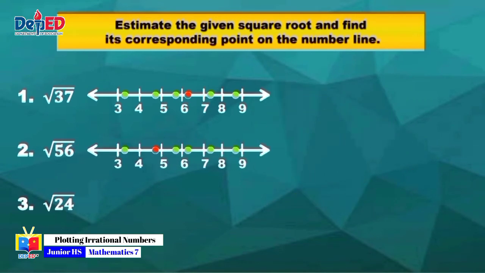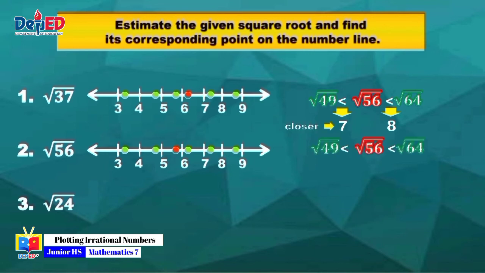Number 2. The square root of 56 lies between the square root of 49 and the square root of 64. 56 minus 49 is equal to 7, and 64 minus 56 is equal to 8. Therefore, the square root of 56 is closer to the square root of 49. The square root of 49 is equal to 7, and the square root of 64 is equal to 8.